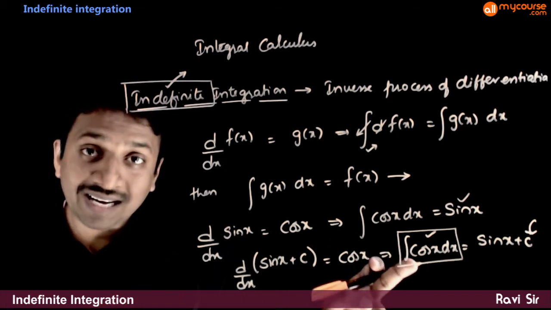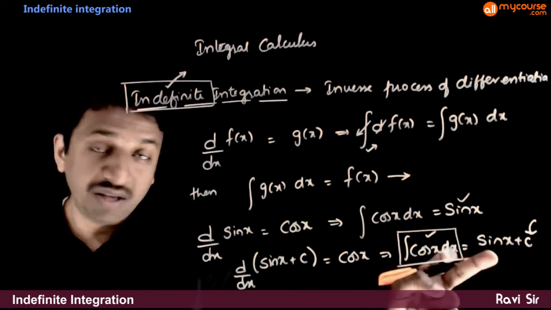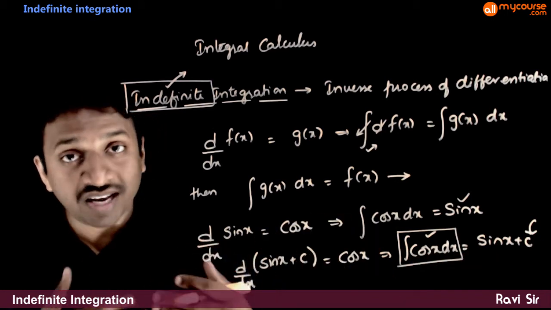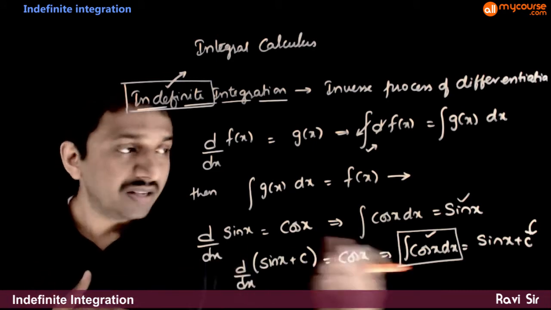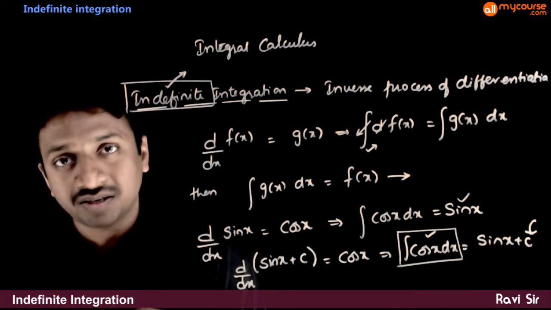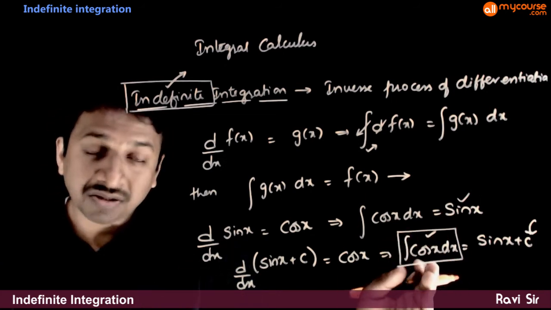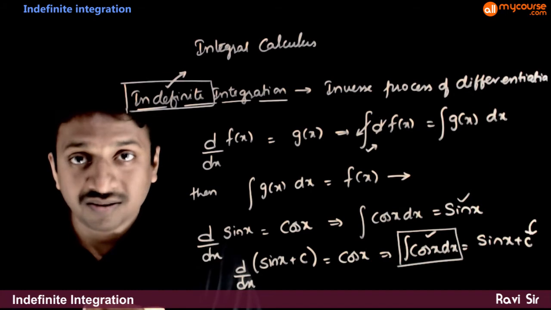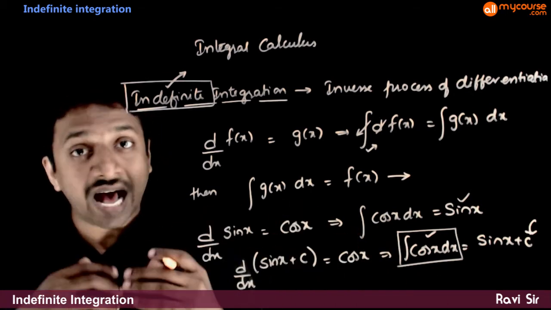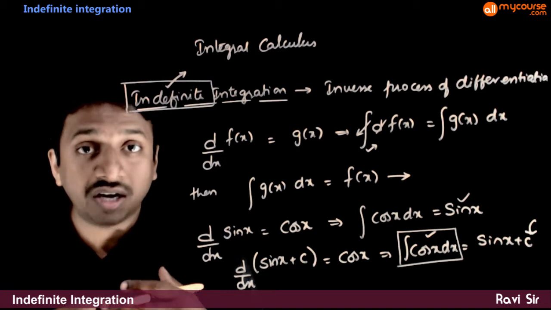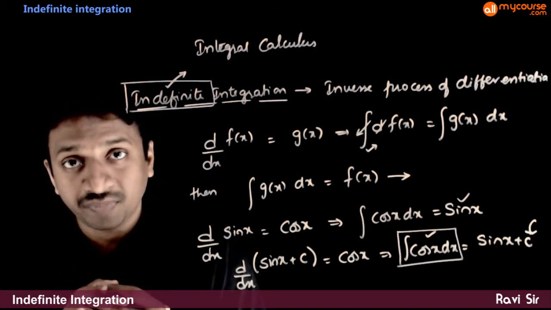It can be equal to sin x, or sin x plus 1, sin x plus 2, sin x plus 0.5, anything, sin x plus any arbitrary constant. So indefinite integration of a function is not unique. That is why this is called indefinite integral. That is, the answer for this integration is not definite. You won't get a unique answer for this process.